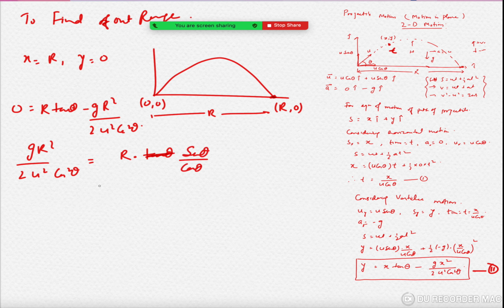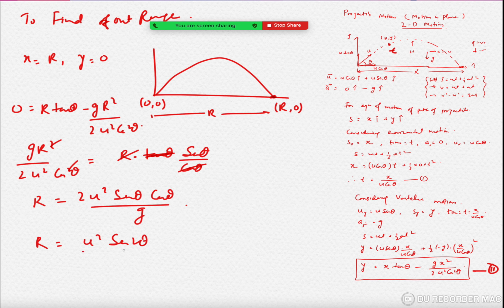Yes, sir. So one R can be cut, and one cos theta cut. So you can say R is equal to 2 u square sin theta cos theta by g, and 2 sin theta cos theta can be written as sin 2 theta. So u square sin 2 theta by g. So this is the formula.